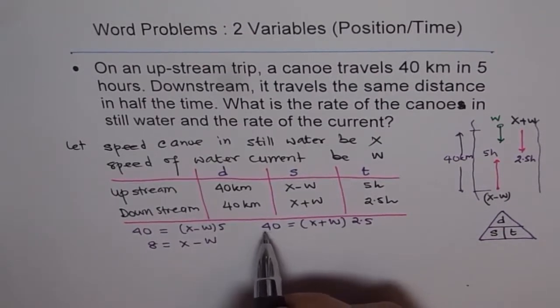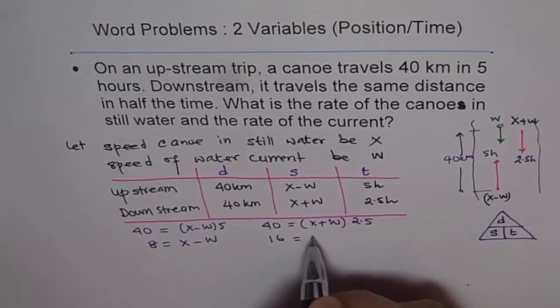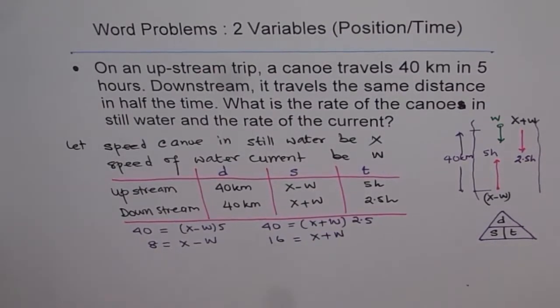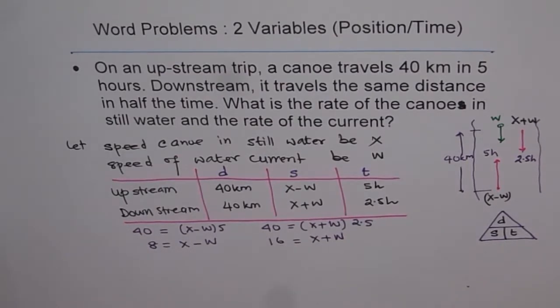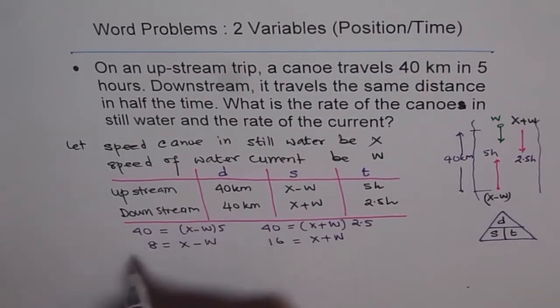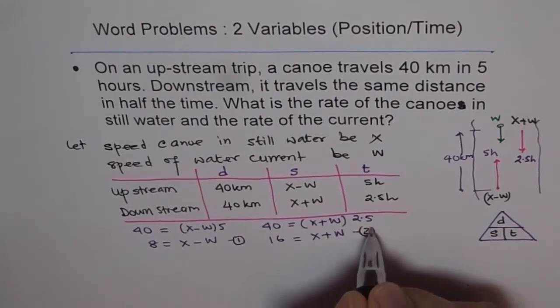Now we can divide 40 by 2.5 and we'll get double of 8, which is 16, equals x plus w. Correct? So we have two equations and two variables. Let's name these equations 1 and 2. So I'm calling this equation 1 and this equation 2.